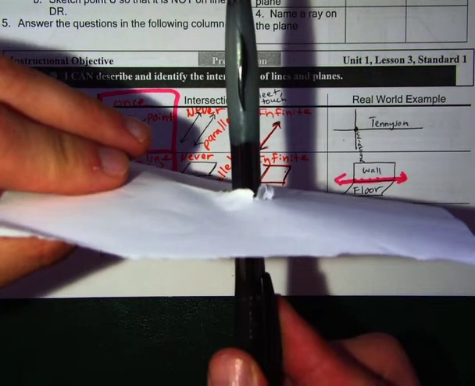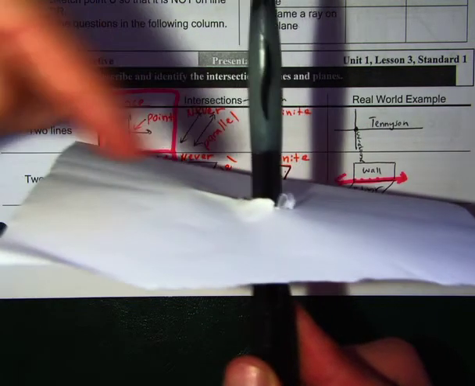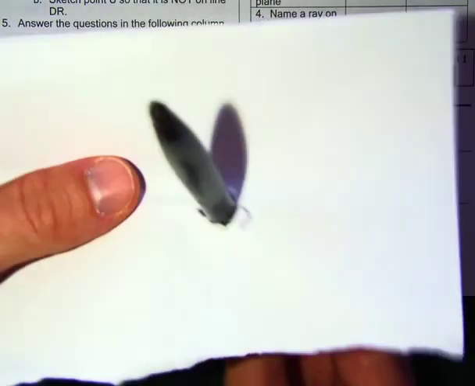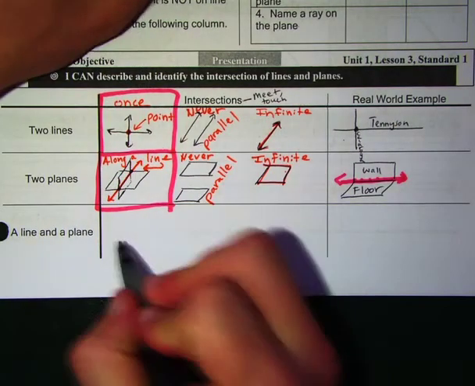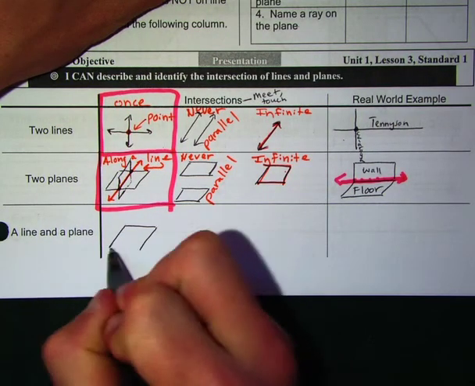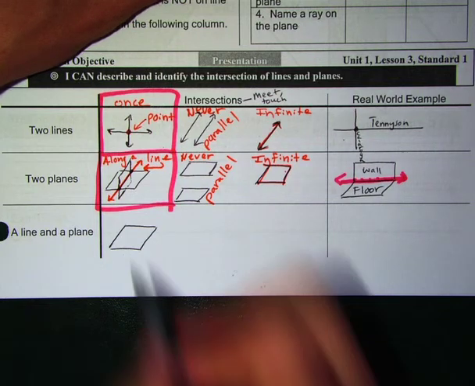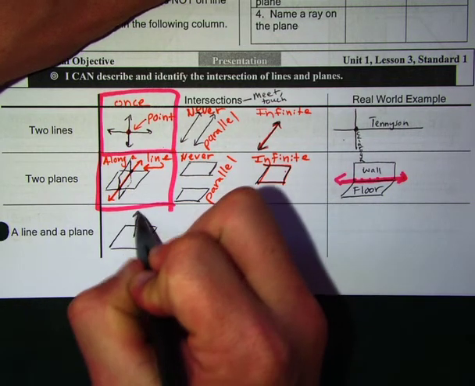So the line intersects this plane where? Well, you can see it's touching only right there at a single point. In fact, if I remove the line, there it is, the single point. So I'm going to sketch a plane, and then I'm going to go ahead, I'm going to show this line coming out of it.